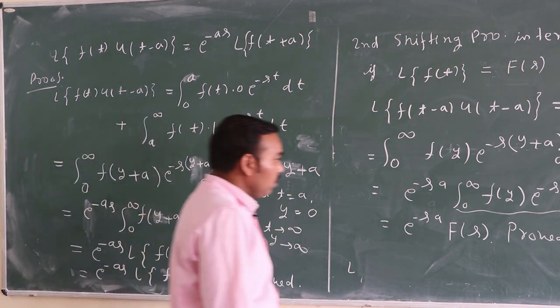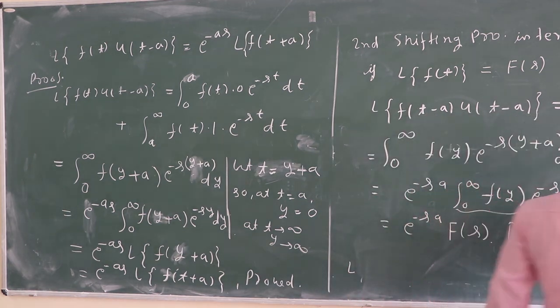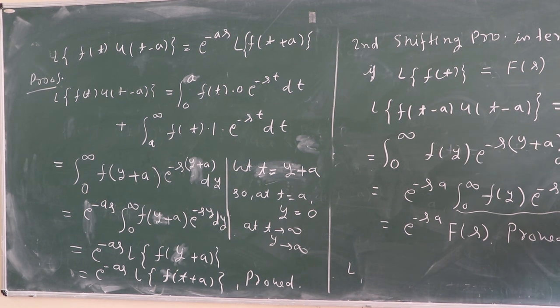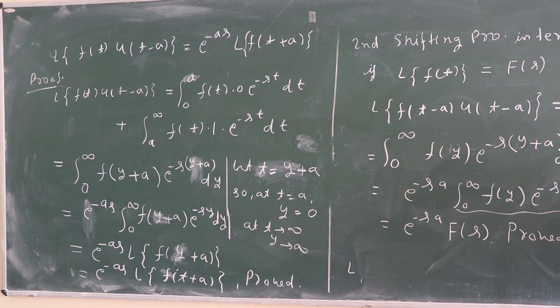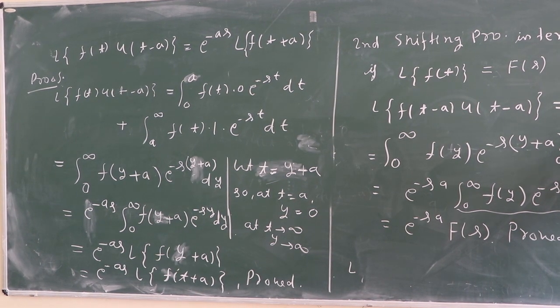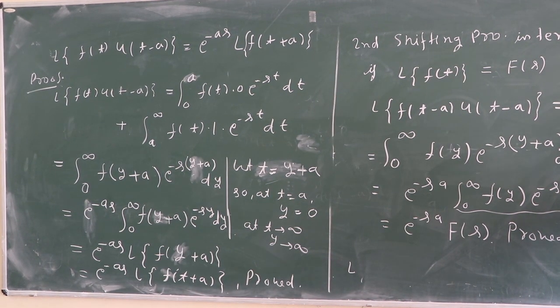So here we have two statements: the Laplace of f(t minus a) u(t minus a) is e to the power minus as F(s).